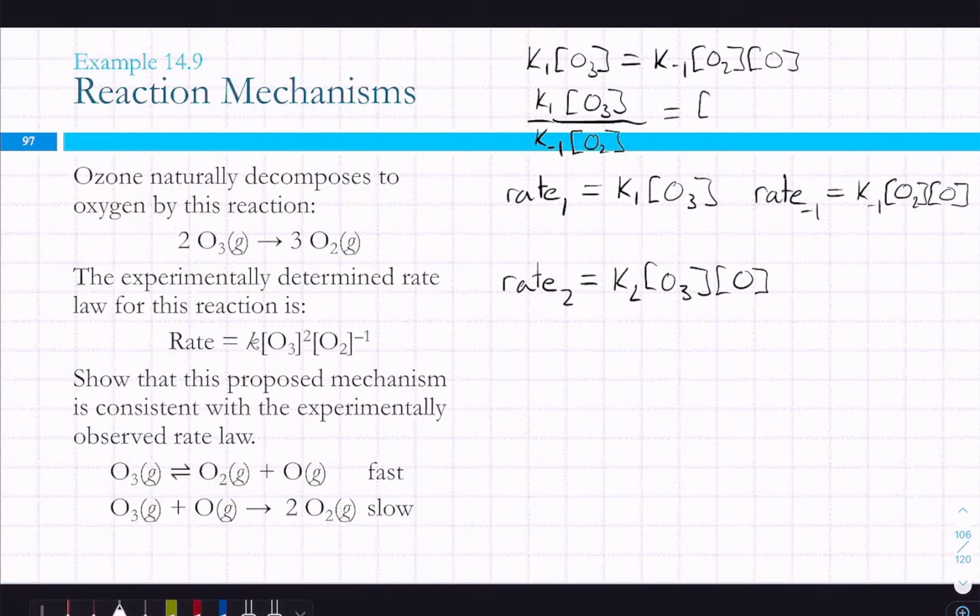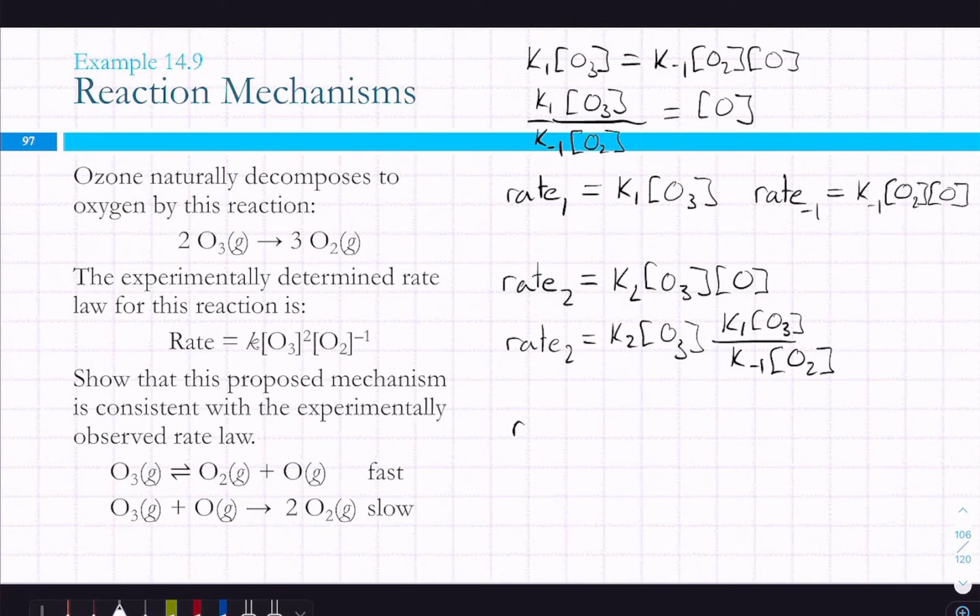That'll equal the concentration of atomic oxygen. And then we just replace that in our rate 2. So rate 2 is going to equal K2 times O3. We replace that monoatomic oxygen with K1 times O3 over K -1 times molecular oxygen.